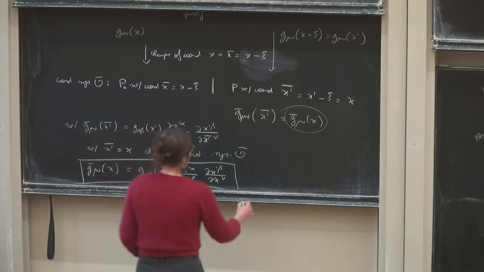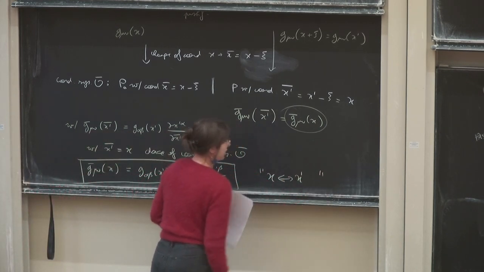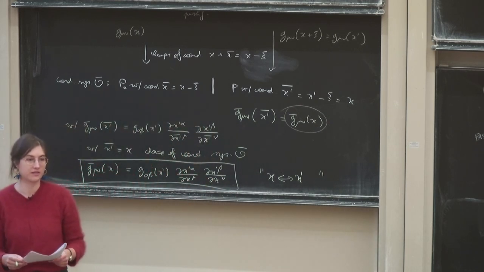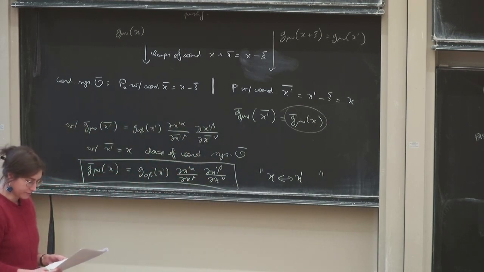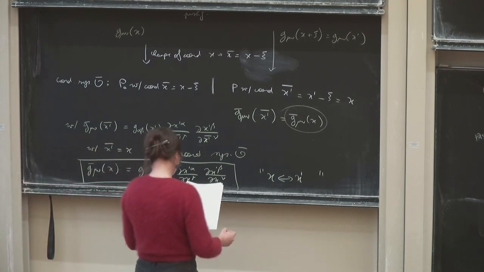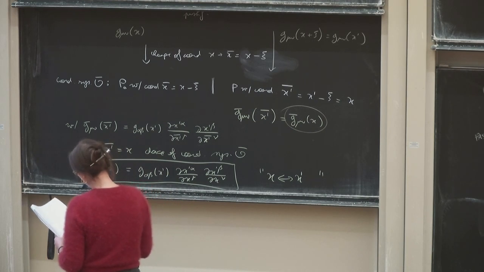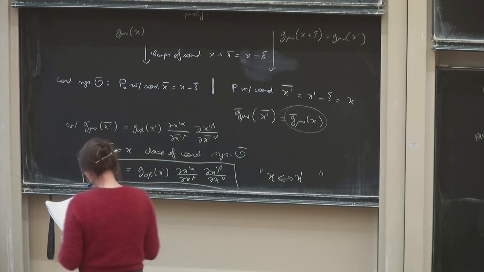So this explains this swapping x with x prime trick. That effectively, this is the way to obtain the active transformation law from the passive transformation law.